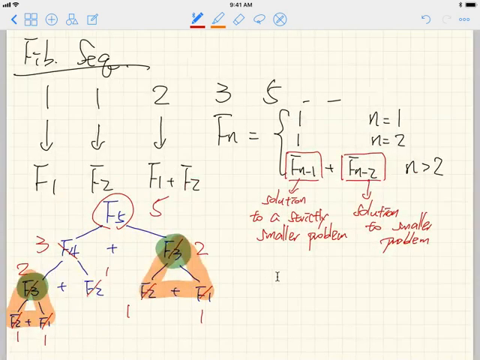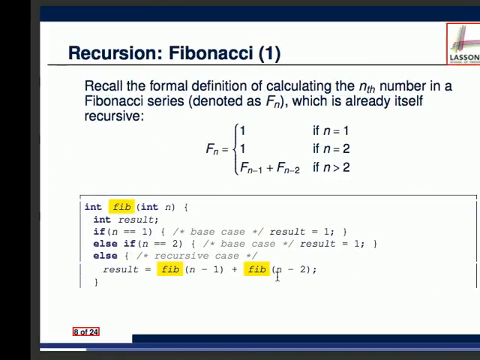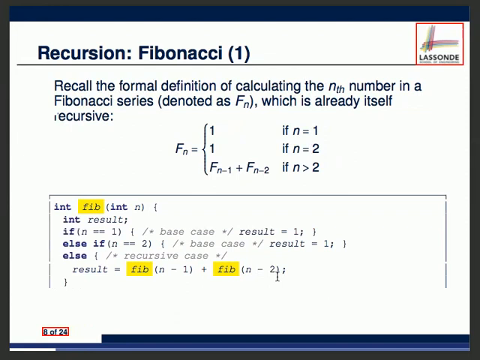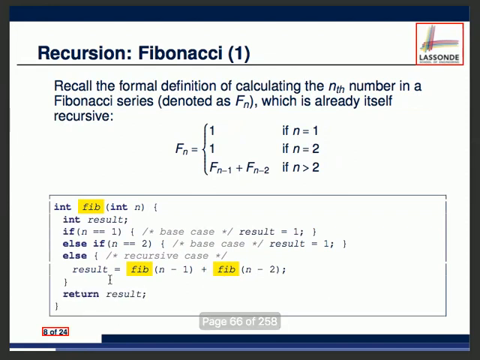Now let's see the code for the Fibonacci number. That's how you define the Fibonacci number here. Now go back to your question: what's the order of evaluation? In the recursive case, we are making two recursive calls. What's the order of figuring out what Fibonacci n-1 is and n-2 is?